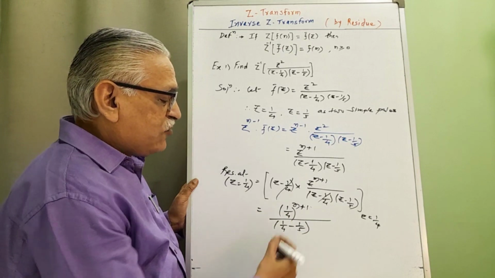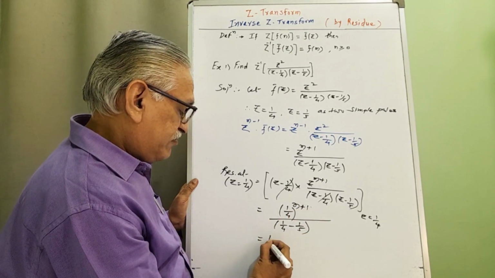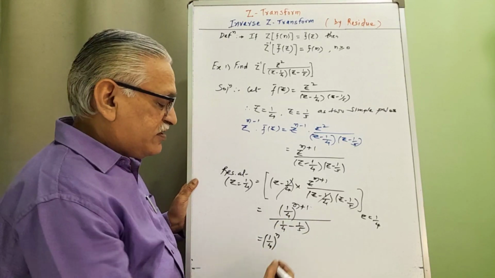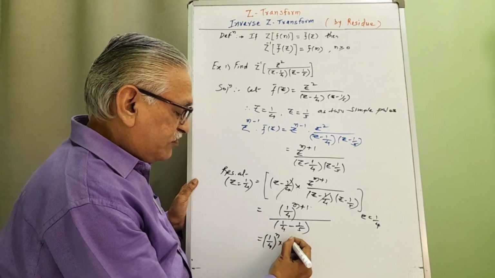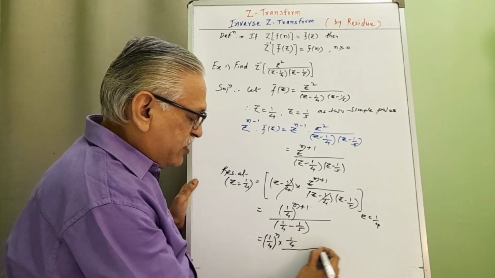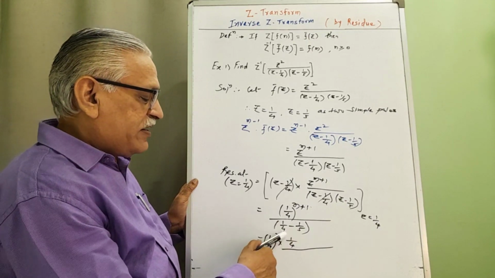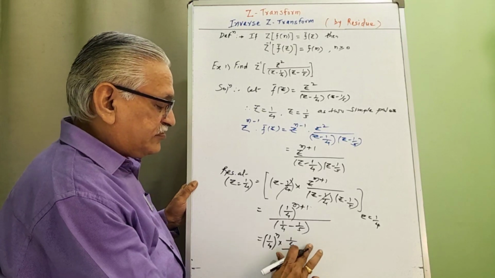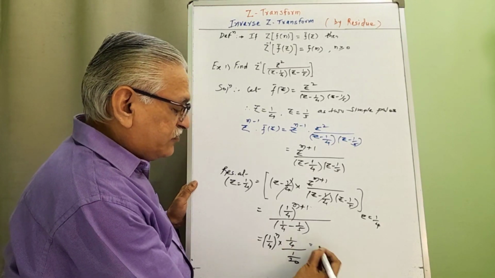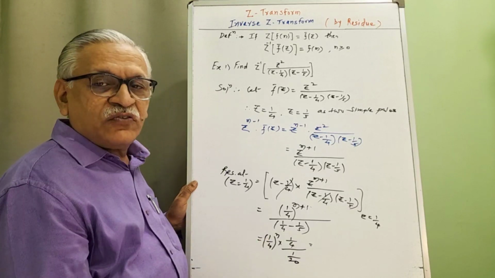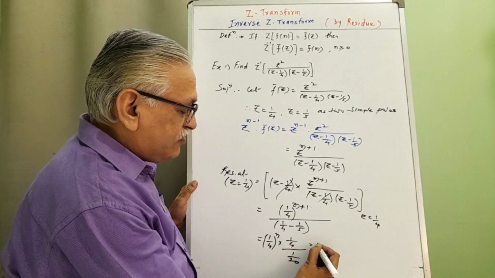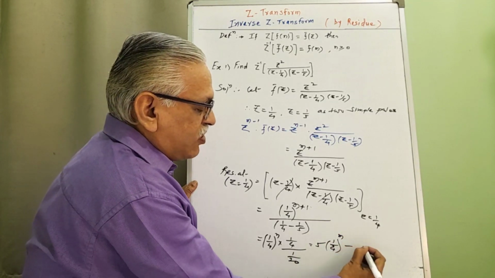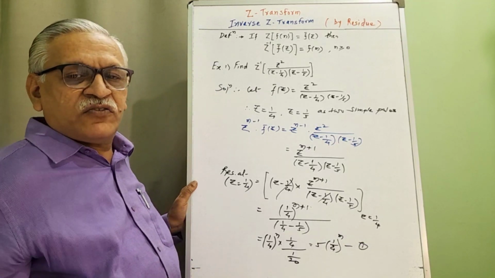Splitting this as 1 by 4 raised to n and 1 by 4 raised to 1, that is 1 by 4, and the whole divided by 5 minus 4 over 20, we get 1, and that is equal to 20 by 4. 20 by 4 we get as 5 into 1 by 4 raised to n, and we call this equation 1, the first residue.